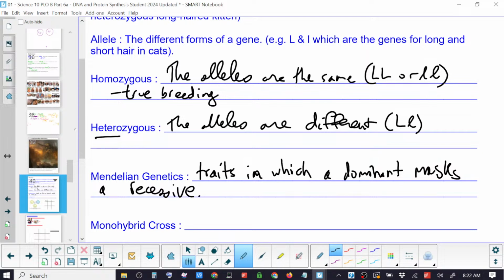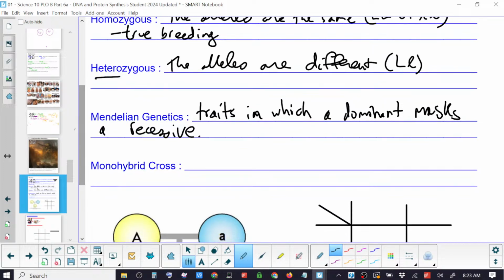So non-Mendelian genetics is when they don't completely mask. And we're going to focus on monohybrid crosses, although we'll probably get up to a dihybrid cross. It starts getting very, very complicated very, very quickly. You can imagine with thousands of genes. So a monohybrid cross only considers 2 alleles.